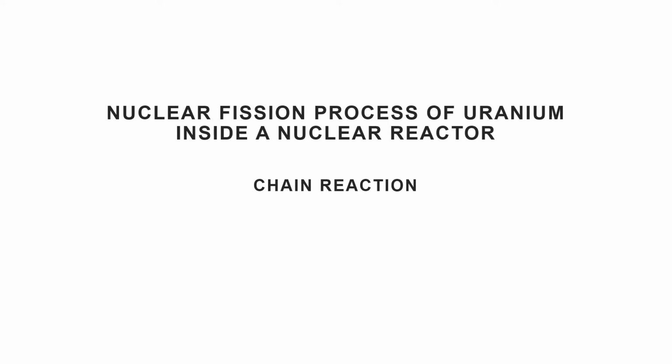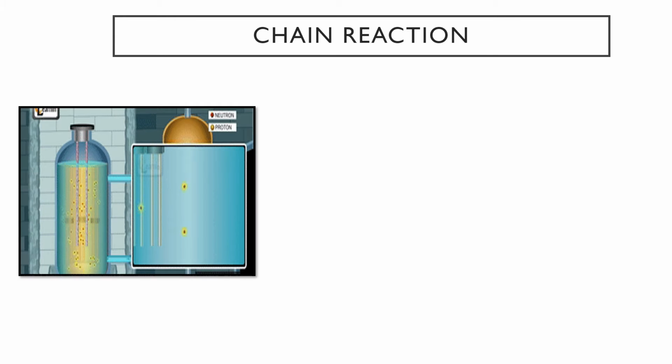Now we're gonna look at nuclear fission process of uranium inside a nuclear reactor, or we call it a chain reaction. As you can see in this picture, this is the place where the nuclear fission reaction of uranium takes place in nuclear reactor.